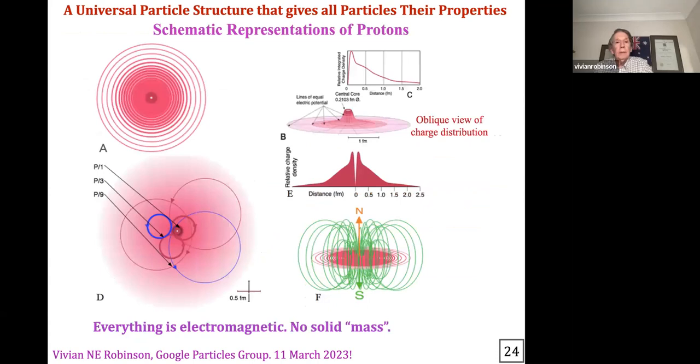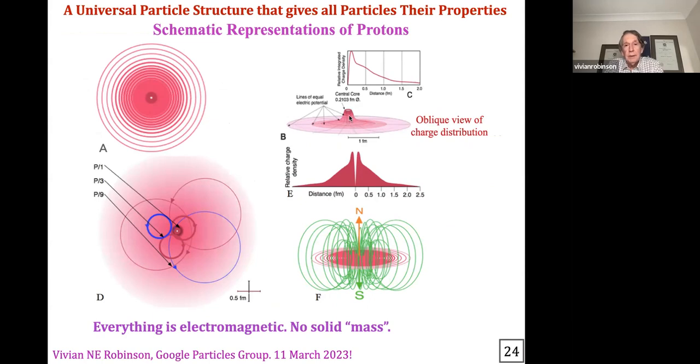Here are a few ways of representing a proton. Here we have just a plan view of the charge. The rings merely indicate the intensity of the charge as best I can. This one you've seen. This one is just that doubled up because its charge is distributed all around. Here it's like an oblique view of the distribution of charge.